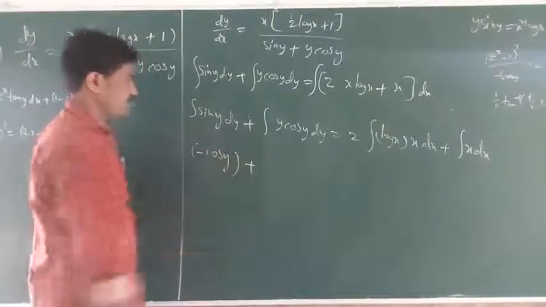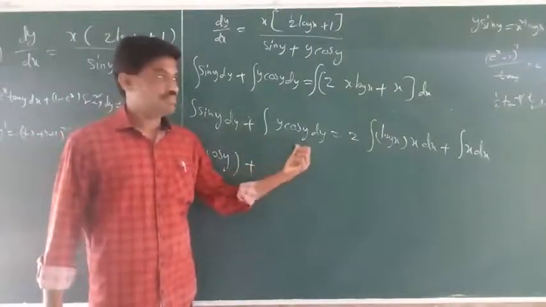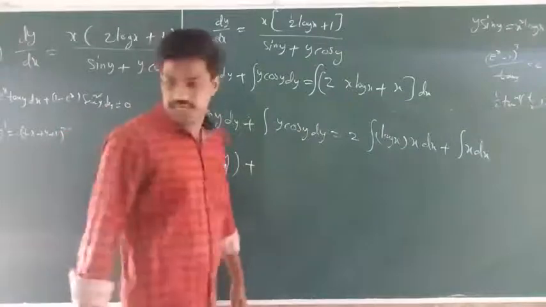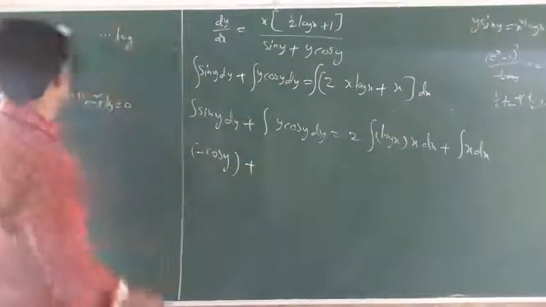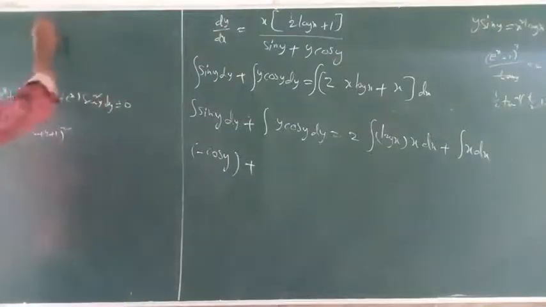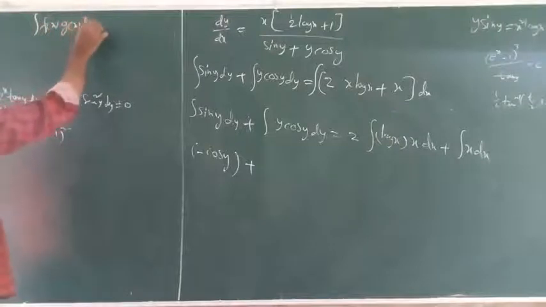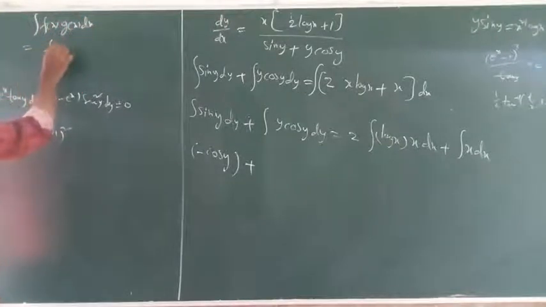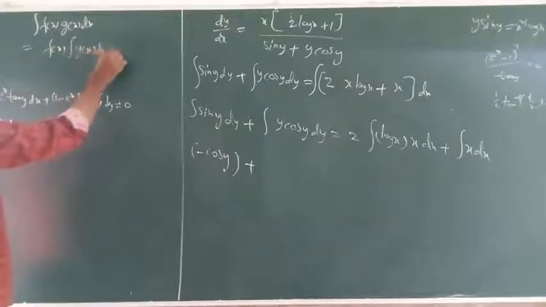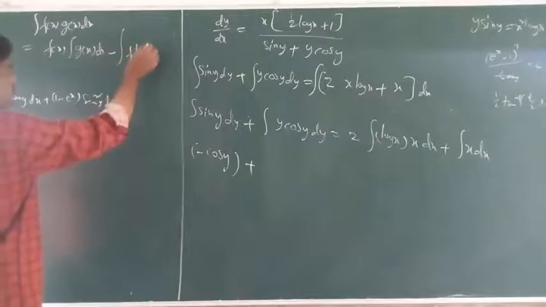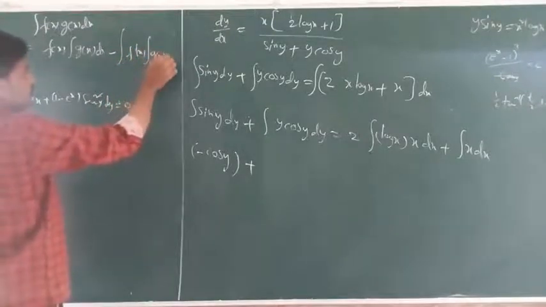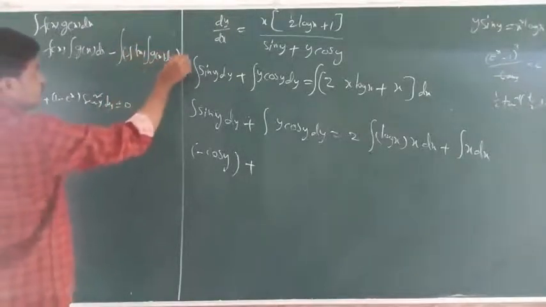Okay. This is the f of x, g of x method. What is the formula? Integration of f of x g of x dx equals f of x into integration of g of x, minus integration of f dash of x into integration of g of x dx, into dx.